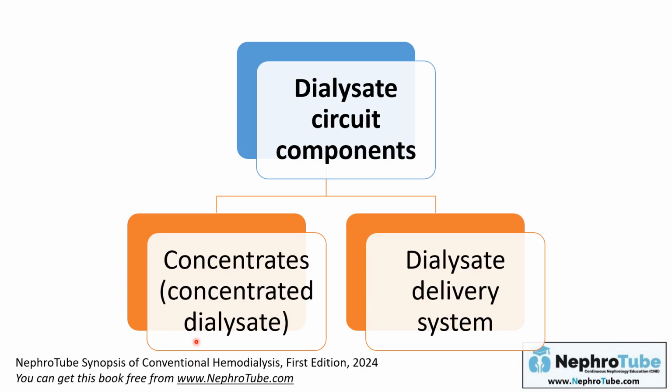At first, I want to mention that the main two components of the dialysate circuit are the concentrates and the dialysate delivery system. We will discuss each of them separately in detail.